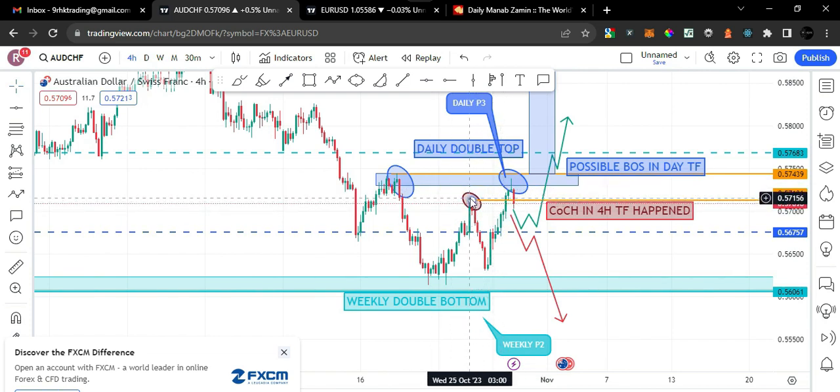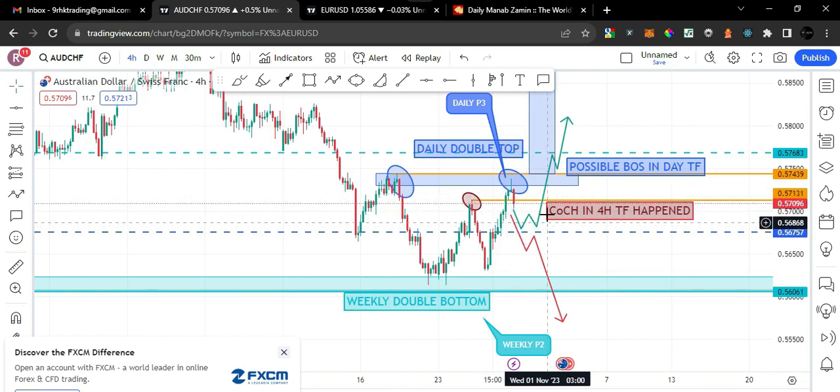And again, it is trying to retrace a little, but again something in the 30 minutes time frame is resisting in here, and then it will break this one or this one. Some of the conservative traders will take trade after breaking this point, and some will take from here. I prefer to take it from here, this point, to go for long, for two reasons.